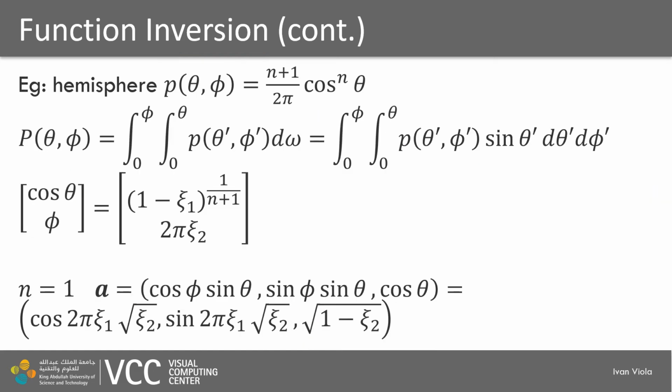For the case of a hemisphere, where the hemisphere is defined through the theta and phi angles, with theta going from 0 to pi half, and phi as an azimuthal angle going from 0 to 2 pi, we can use again the same strategy given a certain probability distribution, which is defined here, which has a certain cosine falloff.